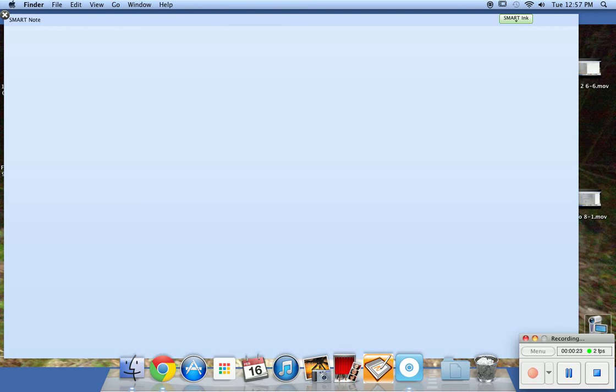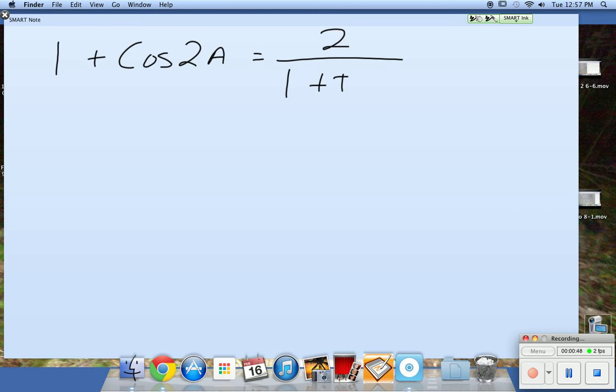Now we're going to start using the double angle and half angles to solve these. Well, if you did, then let's see if you can figure this out. 1 plus cosine of 2a equals 2 over 1 plus tangent squared of a.